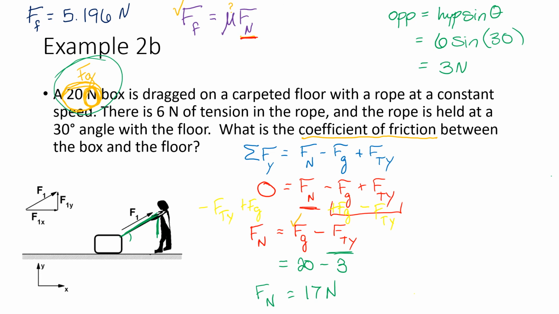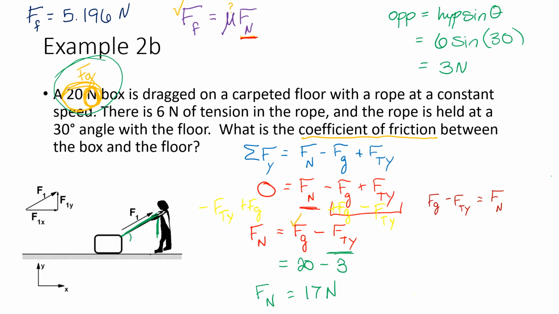So we would have force of gravity minus the force of tension in the y direction equals the normal force, and then I flip-flopped it. A plus B equals B plus A, or like, no. Yes. No, if A equals C, then C equals A. Flip-flopped.